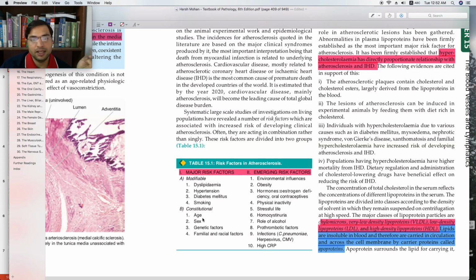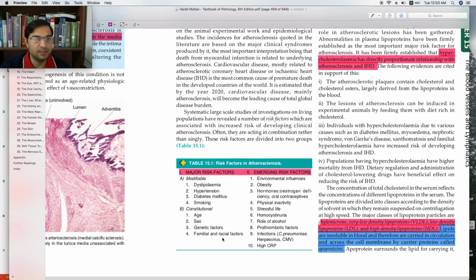Apart from this, higher age, the elderly, and sex: males are more at risk for atherosclerosis, right? This is because of the presence of estrogen hormone in females, which protects them from atherosclerosis. Then genetic factors, some genes are responsible for development of atherosclerosis. Familial and racial factors, right?